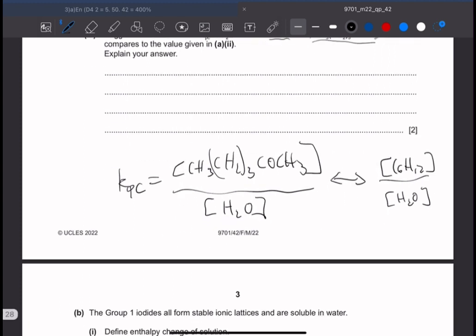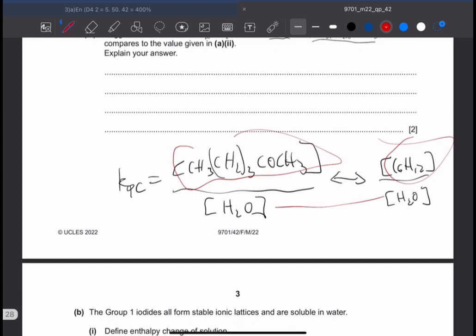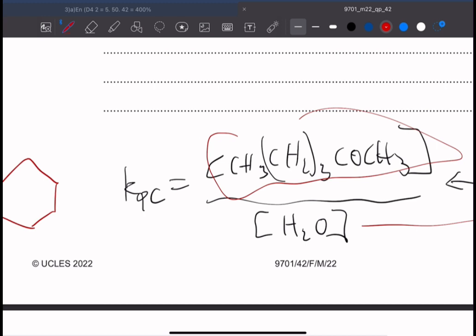Okay, so if we're gonna notice anything here, it's basically that the bottom is the same, so that's not gonna affect the partition coefficient at all. What's gonna affect it is the thing at the top. And C6H12, just to draw out the shape, is a very, very non-polar compound.